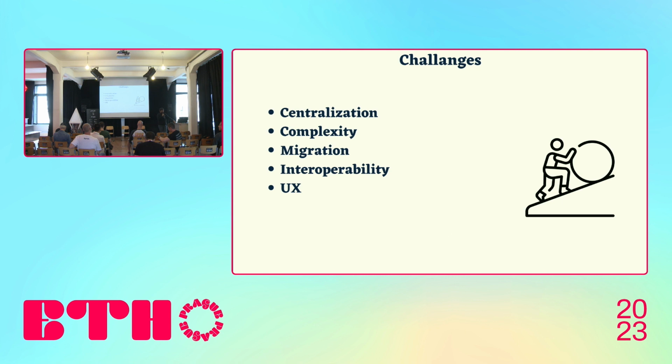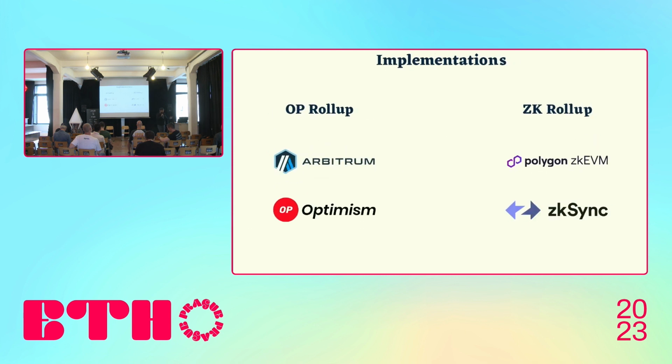And this was a really short presentation for everyone who did not know what layer 2s are, but it looks like a lot of you know. The best implementations of optimistic rollups, according to me, are Arbitrum and Optimism. They have been doing a really great job at implementing layer 2s using optimistic rollups.